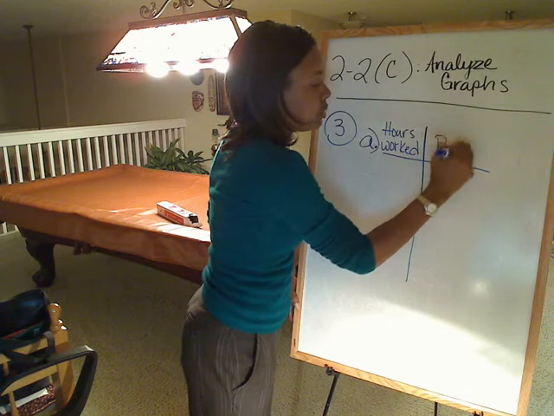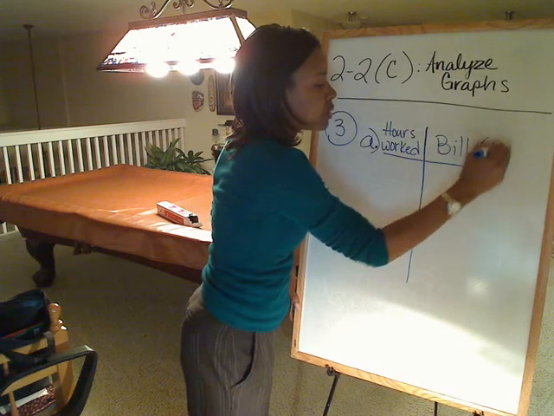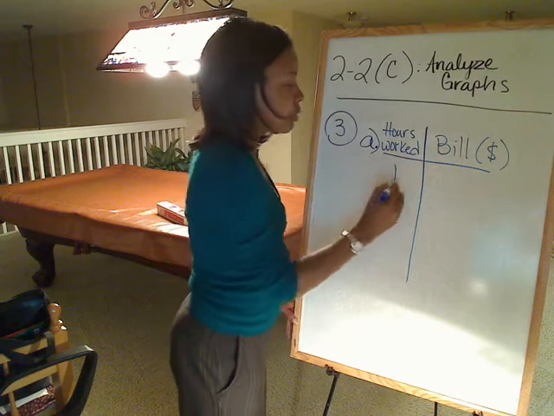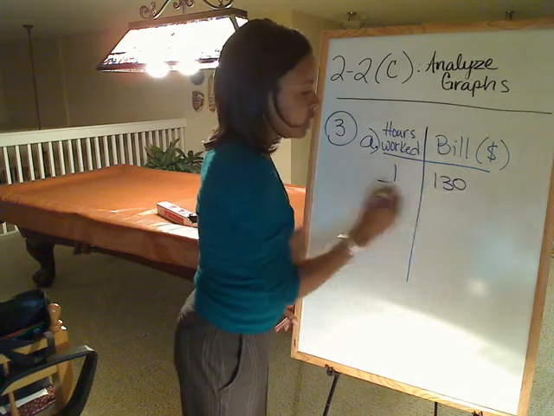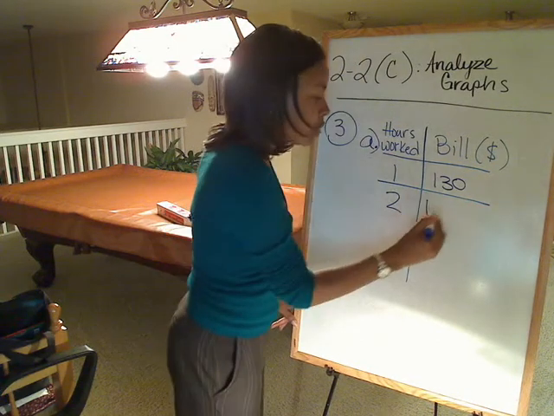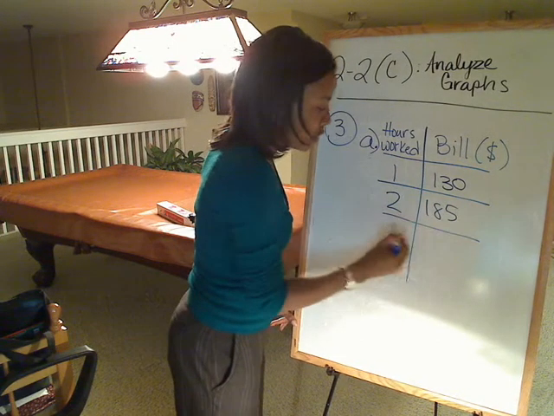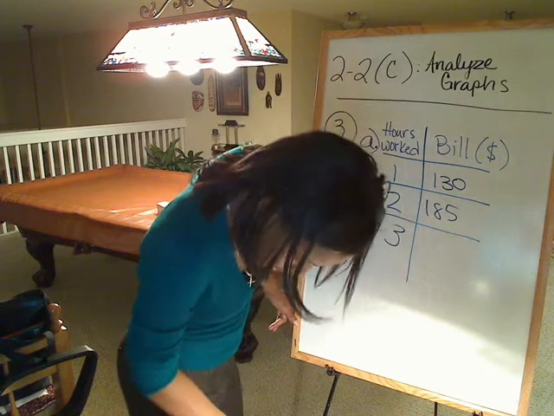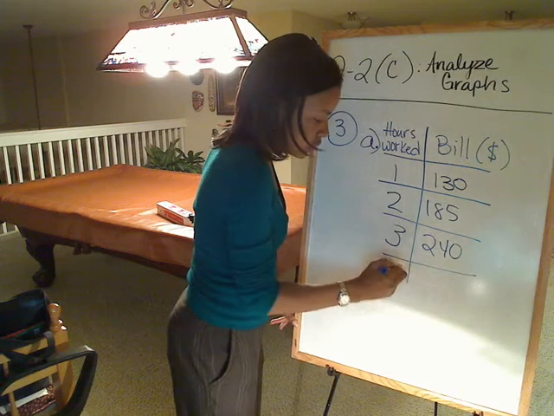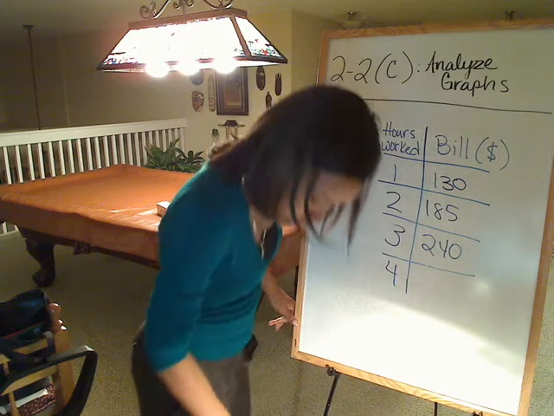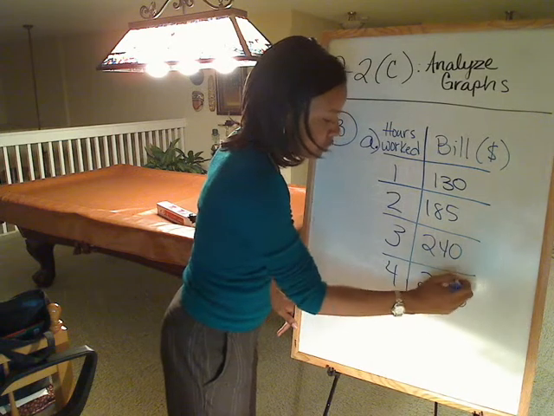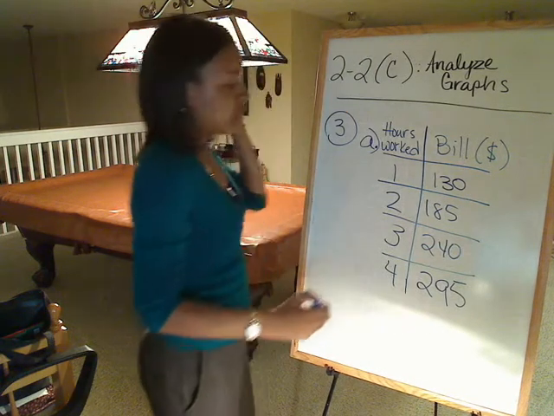So let's just say the bill in dollars. So after 1 hour, the bill is $130. After 2 hours, the bill is $185. After 3 hours, the bill is $240. After 4 hours, the bill is $295.